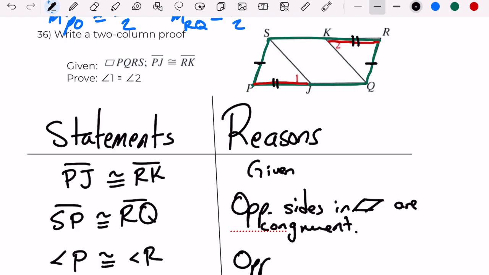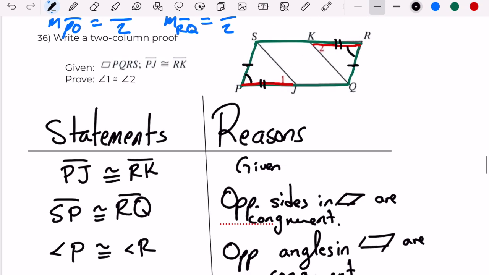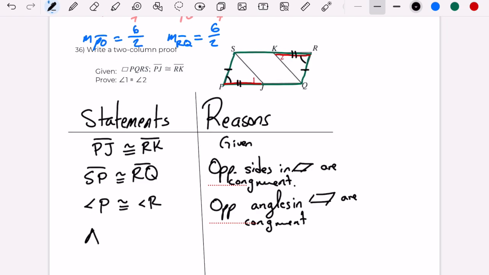Then angle P and angle R are congruent because opposite angles in a parallelogram are congruent. Then we know that triangle PJS is congruent to triangle RKQ because of side angle side.